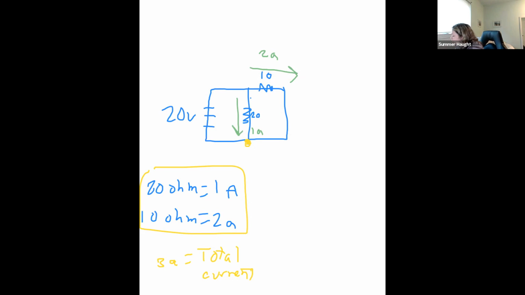So this has to equal 3 amps, which makes sense because once those electrons met at this point, they split up, some with the speed of 1 amp, some with the speed of 2 amps, and then when they met back up at this corner, now they're both going the same speed of 3 amps.